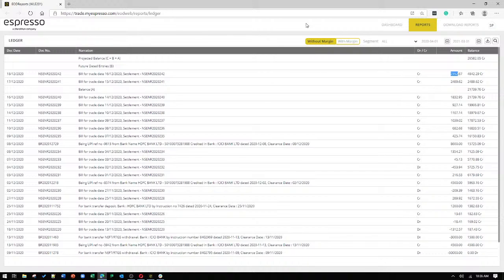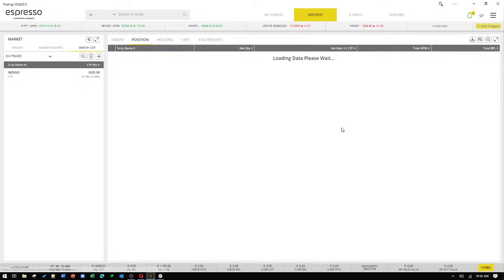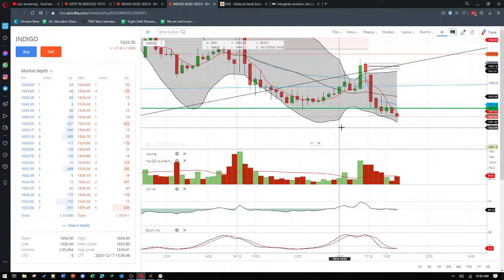So I'm trying to take my balance to the 30,000 range, then I will increase my quantities of taking positions from 150 to another 50 more, and I will try to match the quantity whatever we have on a price lot.